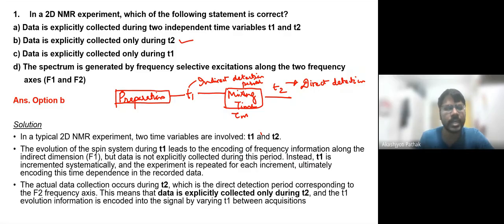Instead, T1 is incremented systematically, and the experiment is repeated for each increment, ultimately encoding this time dependence in the recorded data. So the actual data collection takes place during which period? T2. That is why it is known as the direct detection period, and this corresponds to the F2 frequency axis. So your data is explicitly collected only during T2, and the T1 evolution information is encoded into the signal by varying T1 between acquisitions. Okay.